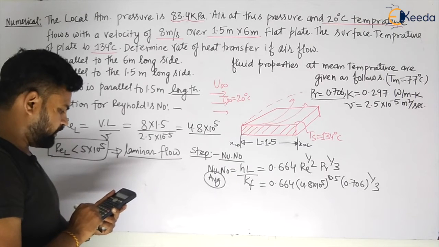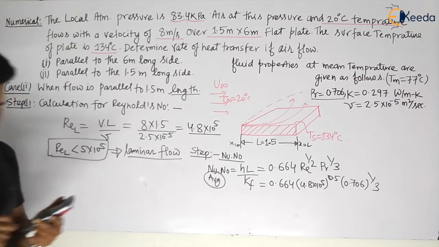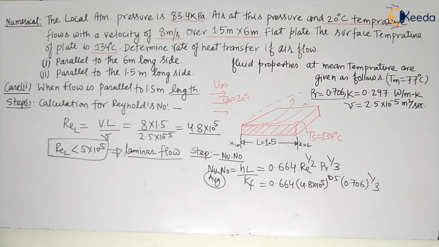1 divided by 3 multiplied by 0.664. So the Nusselt number will come equal to how much? Let us see.